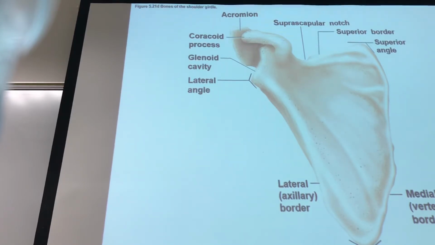Ultimately, the glenoid cavity is what allows for the humerus to attach to our scapula, making our shoulder joint. So the glenoid cavity is what allows the humerus to attach and gives us our shoulder joint. Everybody cool with the portions of your scapula?